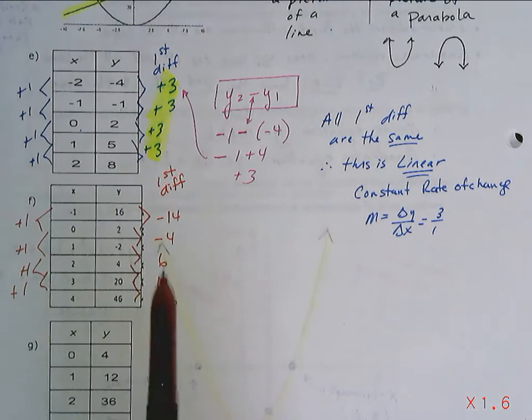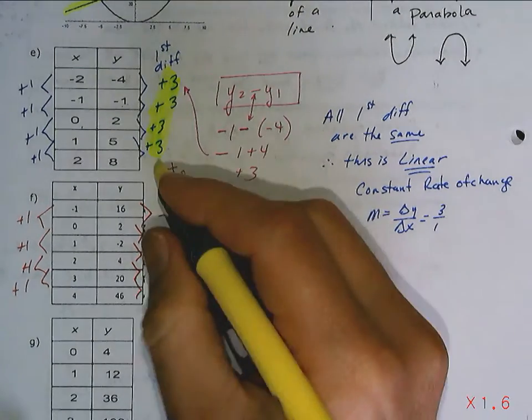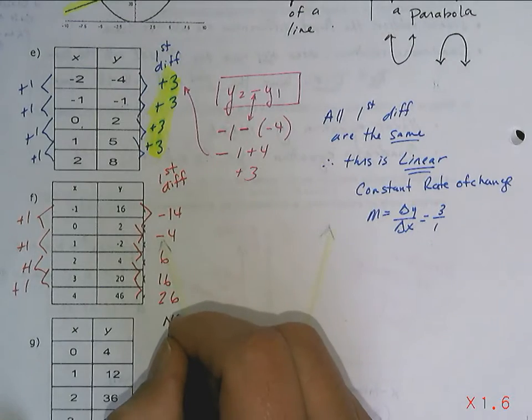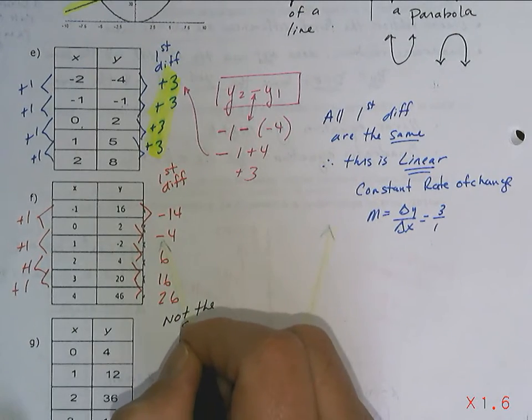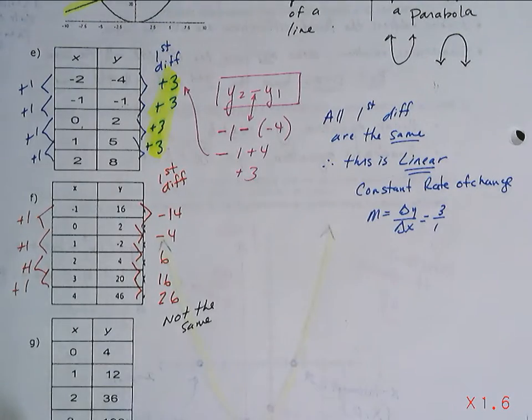That's my first differences. So my first differences are -14, -4, 6, 16, 26. They are not all the same. Definitely not the same. So guess what that means? It means one thing and one thing only. It's not linear. That's all it says.